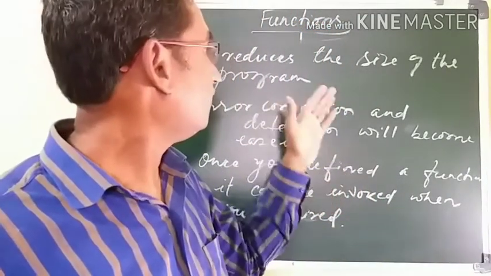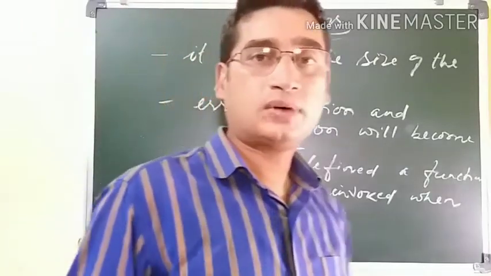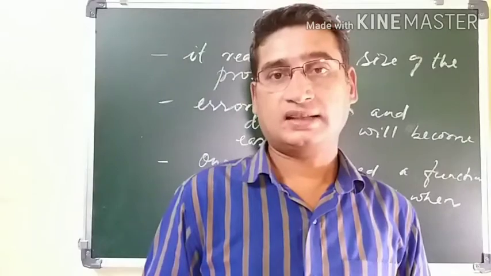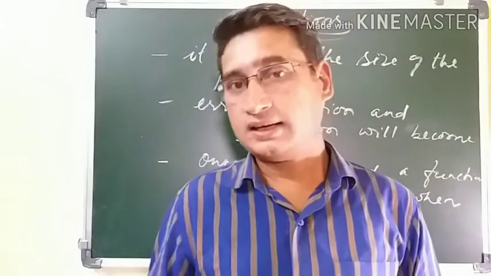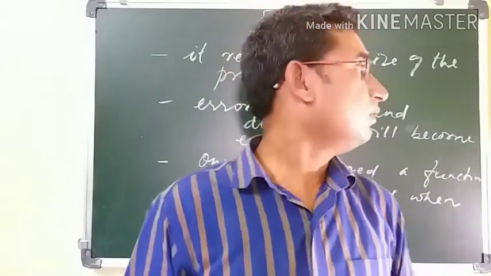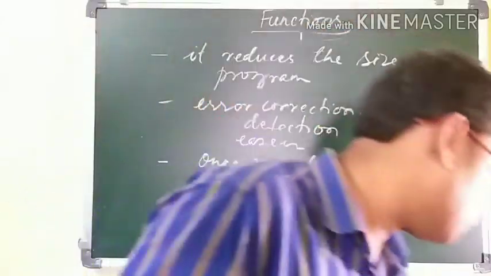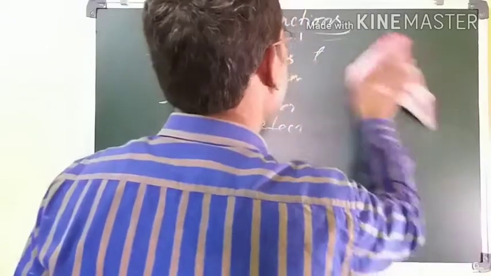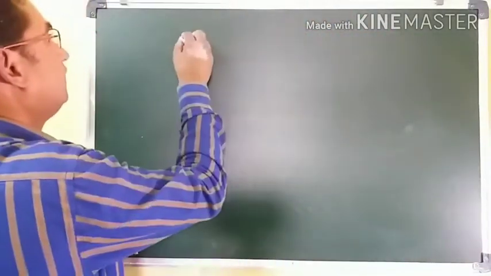We will learn in this video how to write a user-defined function, and that function you can call again and again in your program. We will see how to define a function. To define a function, first we need a def keyword.